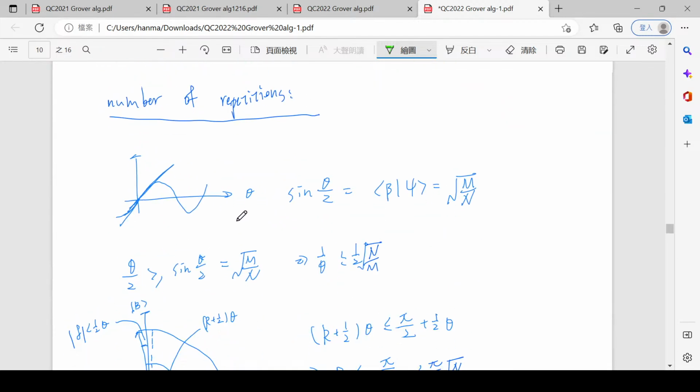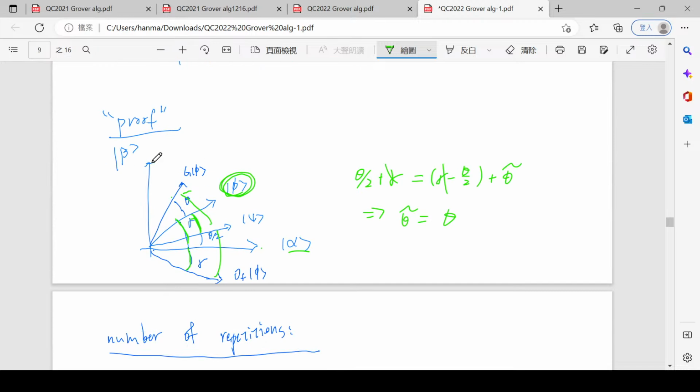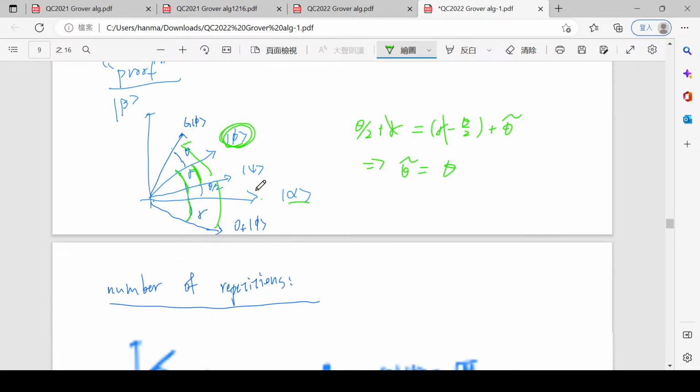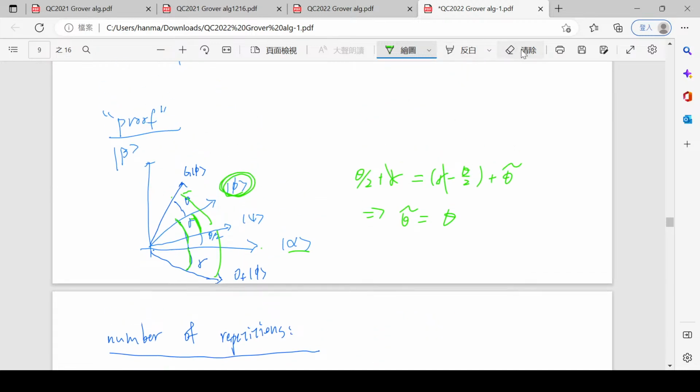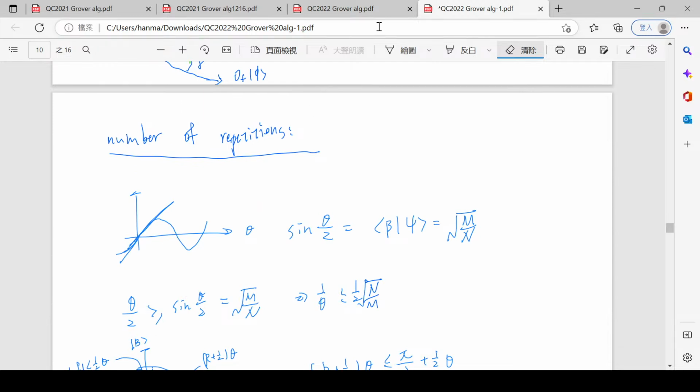And okay, so now we want to know how many Grover iterations we actually want to do to go up here. So let's erase all this, it is quite annoying. The number of iterations we need to do is about 1 over theta. So the thing we need to know is what is theta. If we think about theta, it is actually totally controlled by the overlap between phi and beta, right?